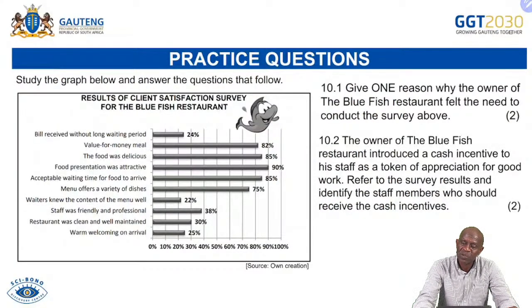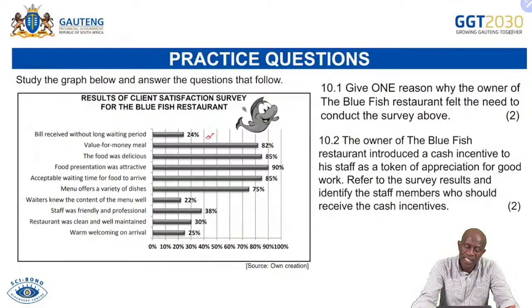And as we move forward to the next set of practice questions, it says, study the graph below and answer the questions that follow. So at 24% on top of the graph, bill received without long waiting period. At 82%, value for money meal. So the meal was rated as good at 82%.